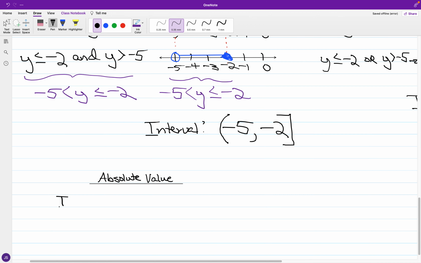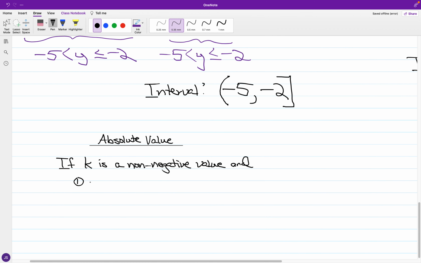But just to tie in the previous lesson with equations, say again, if k is a non-negative value, and first of all, if the absolute value of x is equal to k, then x could be positive or negative k.